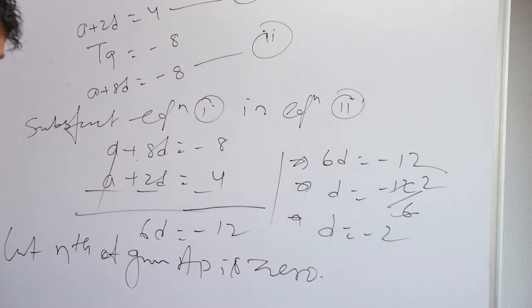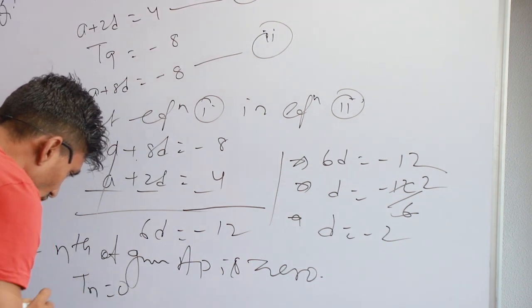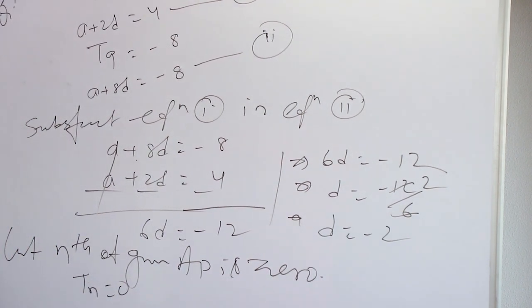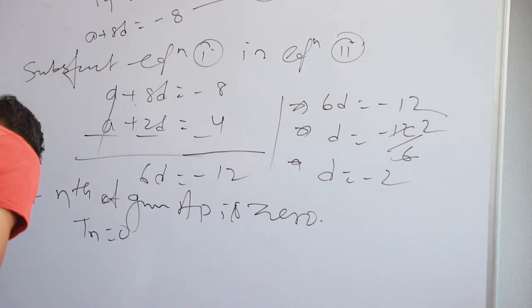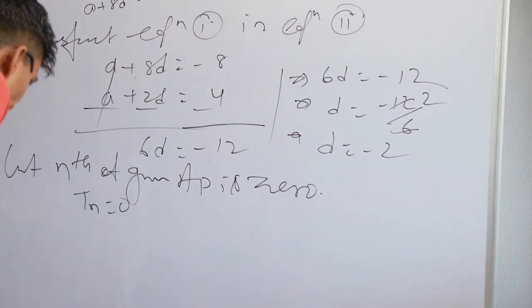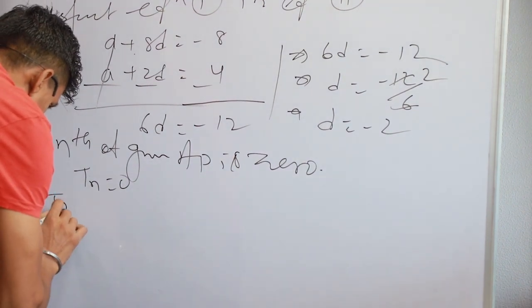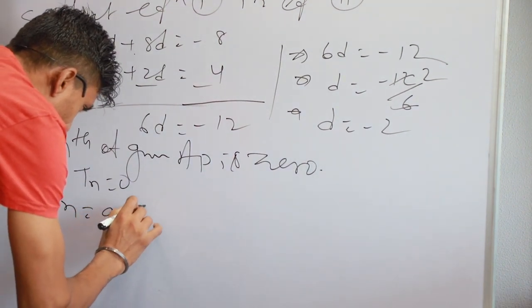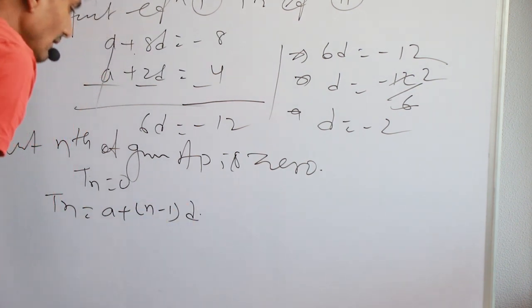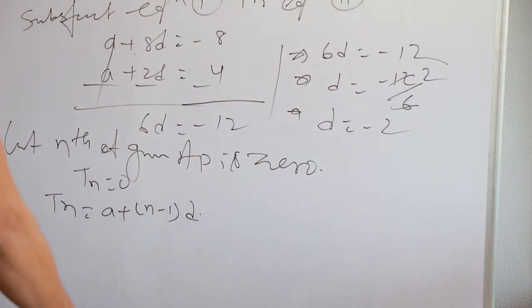So Tn equal to 0. Tn equal to 0. So we have to write Tn equal to A plus n minus 1 into D. Tn formula क्या है? Tn बराबर A plus n minus 1 into D. Now we have to put the values here. Tn is 0 because the nth term of the given AP is 0.